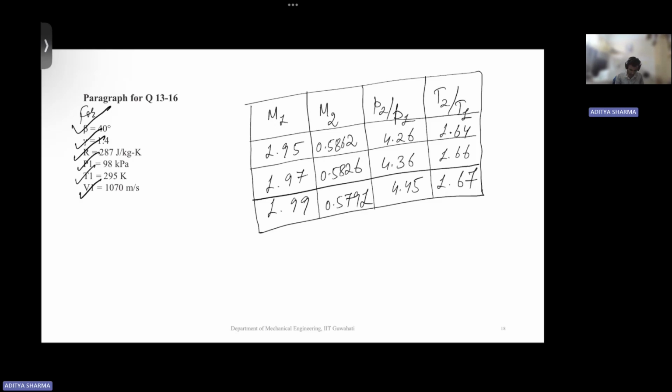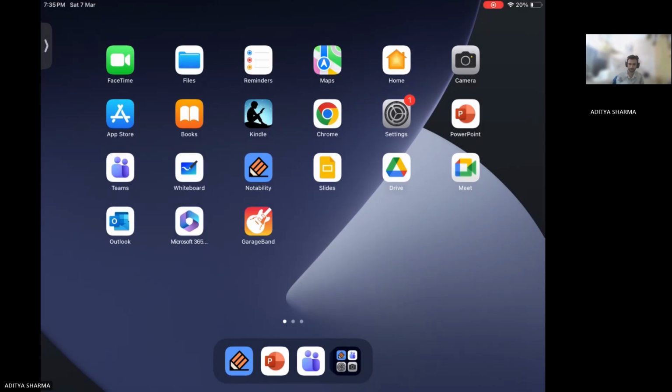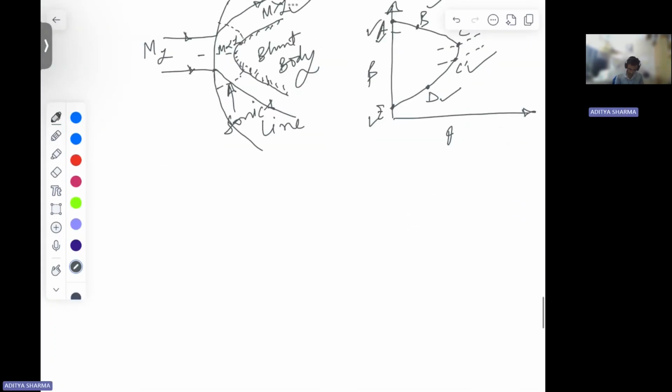So this is for an oblique shock, question number 13 to 16.